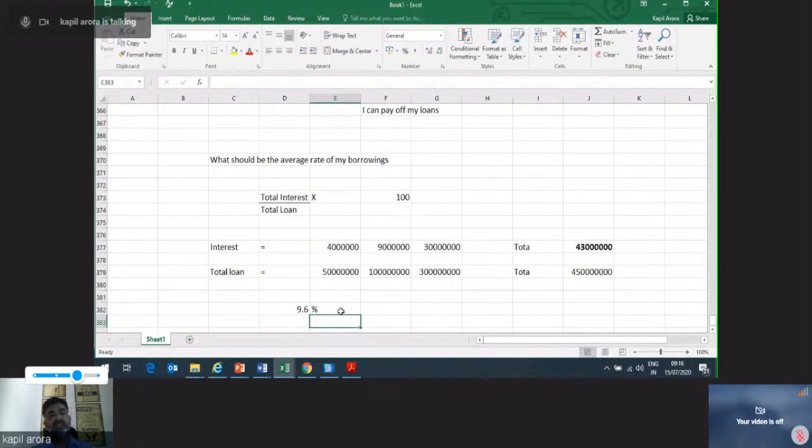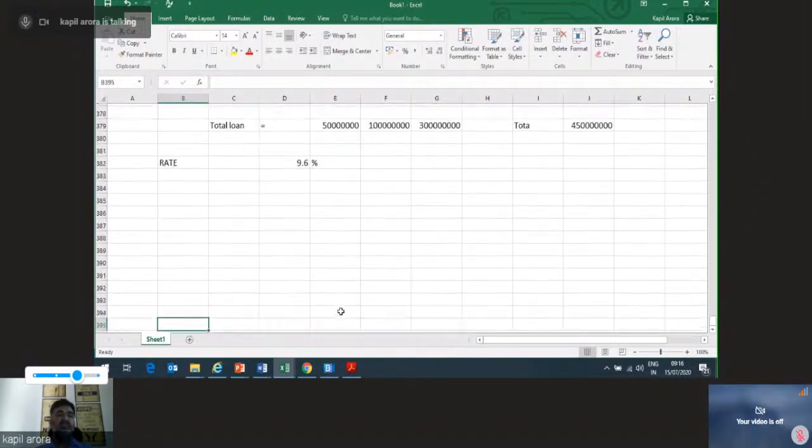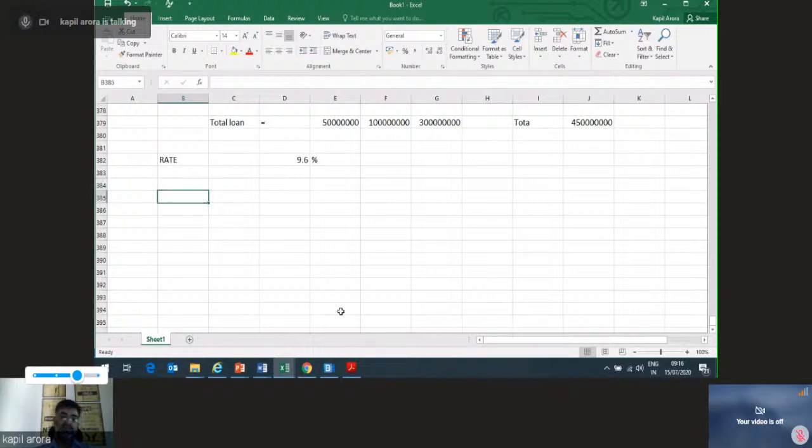So this is the rate which we are going to use. Now what is my construction cost? My construction cost is 2 crore.